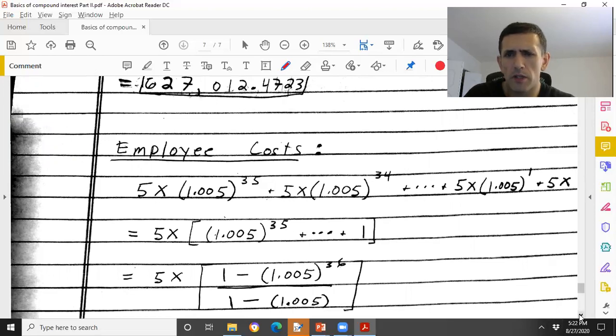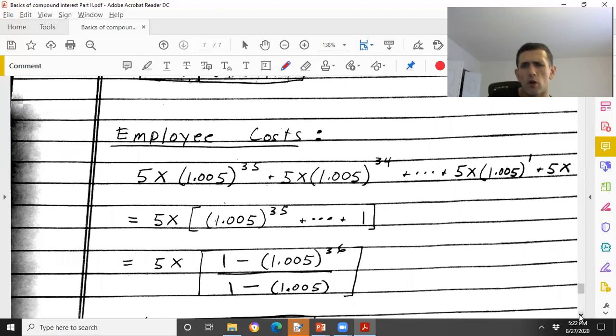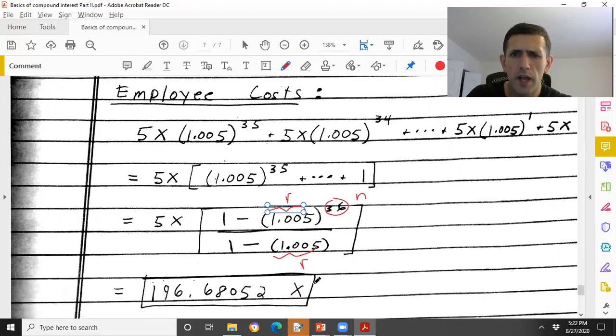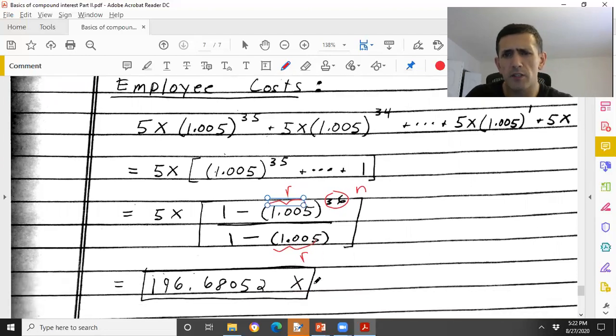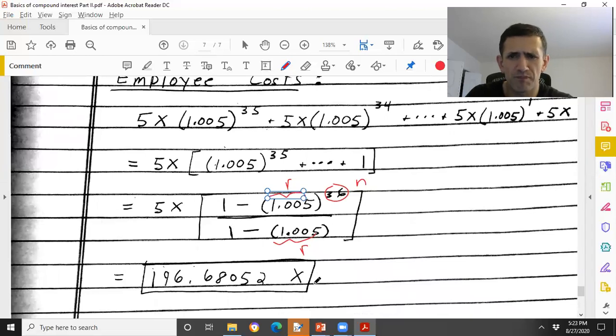So, right, it's 1 minus r to the power n over 1 minus r. And we get 196.68 roughly times x, right?